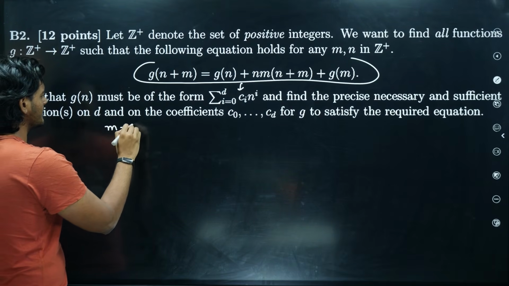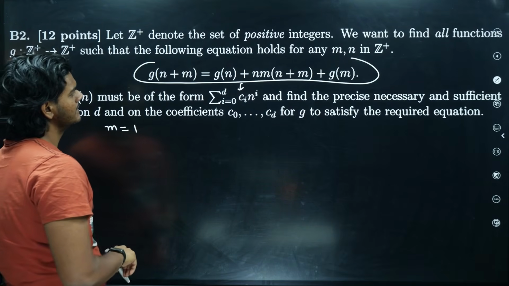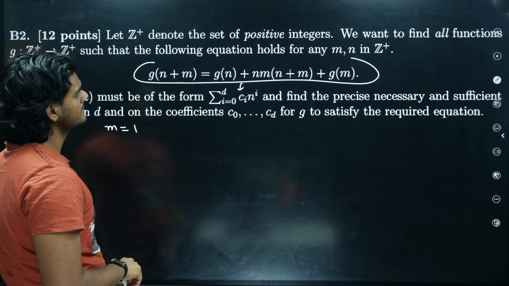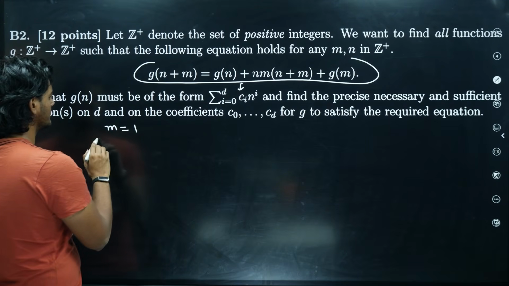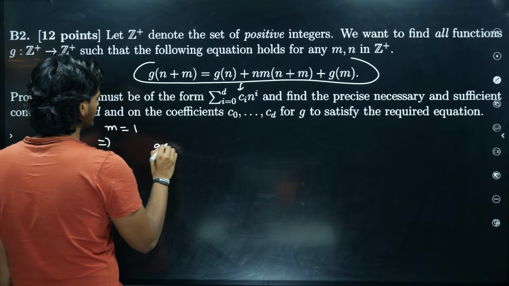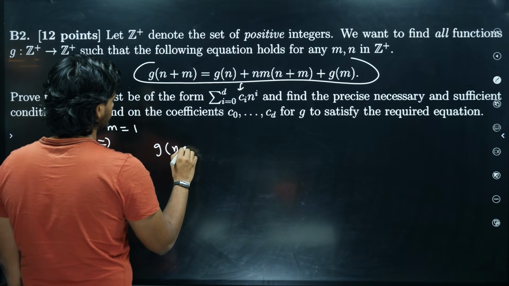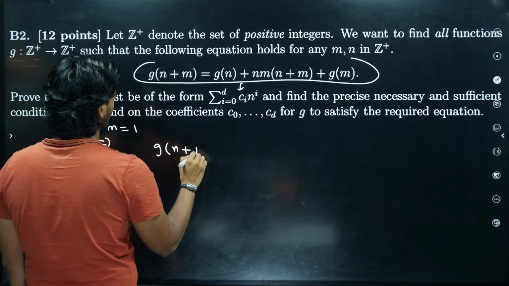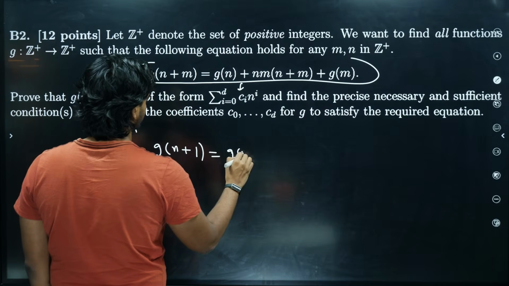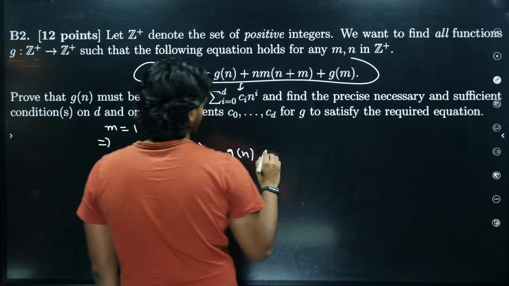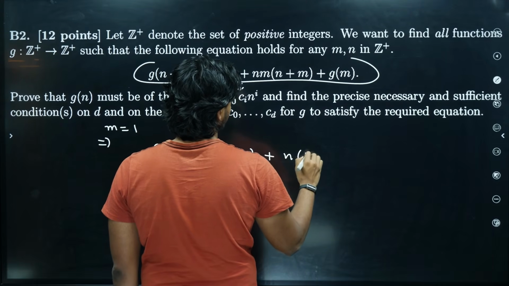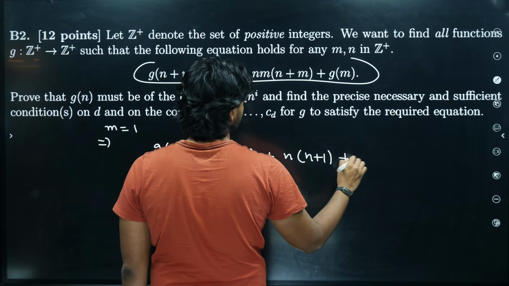As usual with almost every functional equation, we will put some values. Let's say we put m equal to 1. That would mean g of n plus 1 is equal to g of n plus n into n plus 1 plus some g of 1.